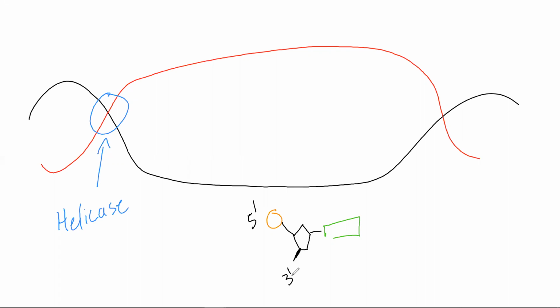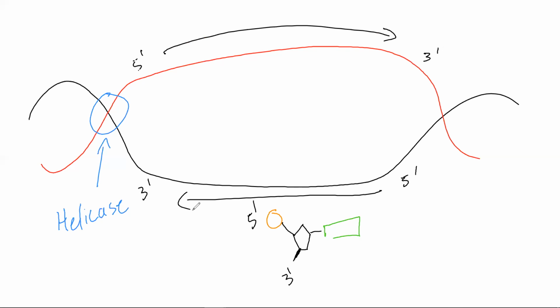So that's the direction it must always go in, because 5' must bind to 3', meaning if I have 5' here and 3' here, that means this original strand of DNA is running in this direction. And since it will be the opposite on this end because they are anti-parallel, that means this strand is going this way. Fairly simple. So that strand is going that way. That means I need to replicate in the opposite direction.